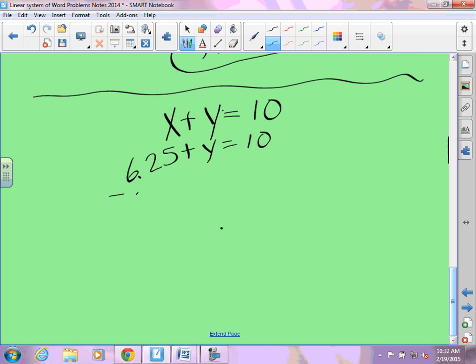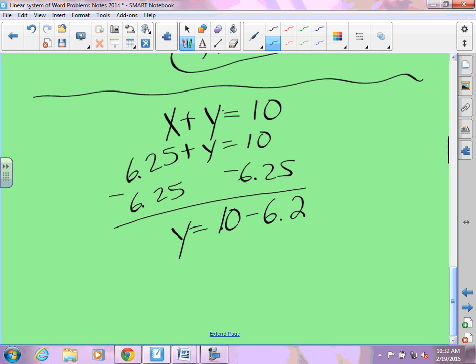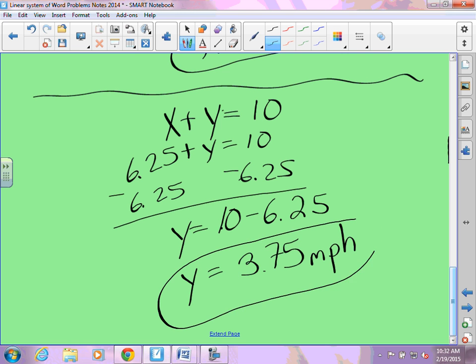So y gives me 3.75. What? Miles per hour. What did I find? Speed of the current. Done.